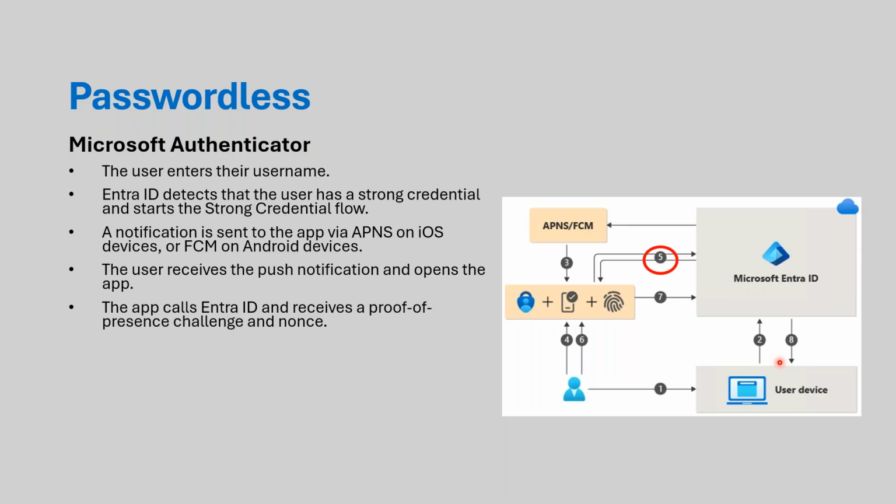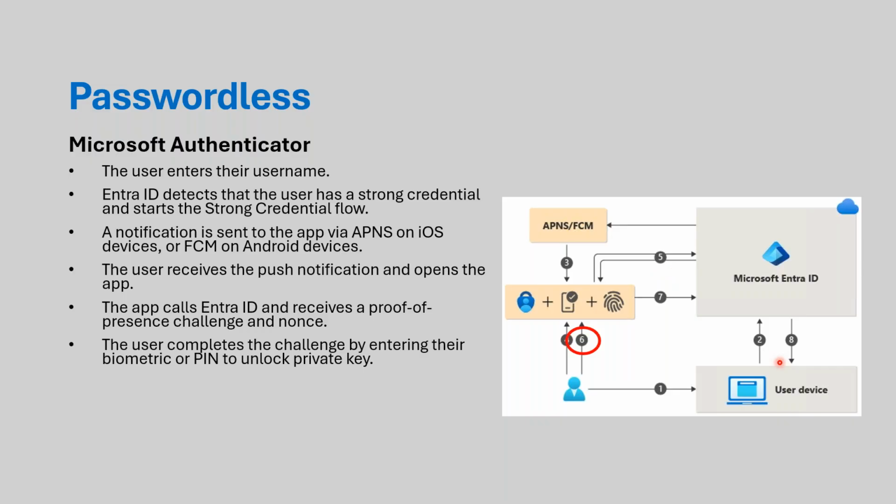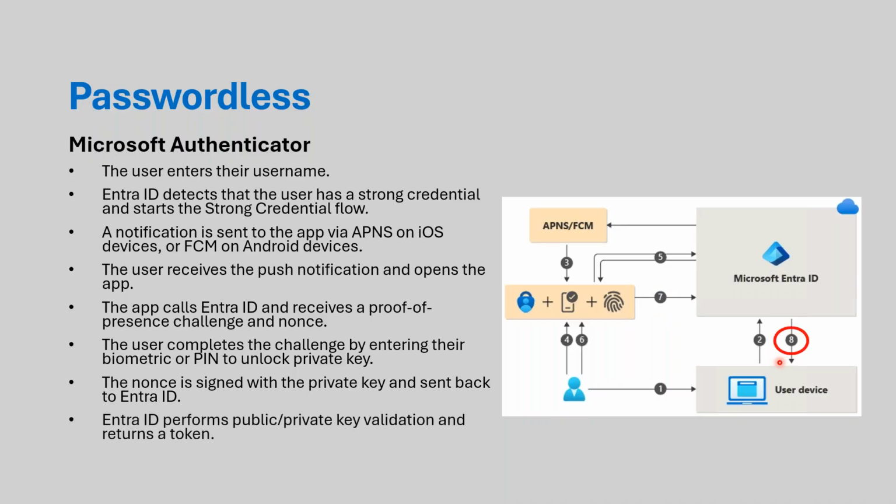And then now that I have that opening up of the app, it will make a call to get a proof of presence challenge and then nonce on that. I can complete that challenge, and then with the completed challenge, my session now gets signed with my private key and sent back to Entra, for which now I can log in with public private key.